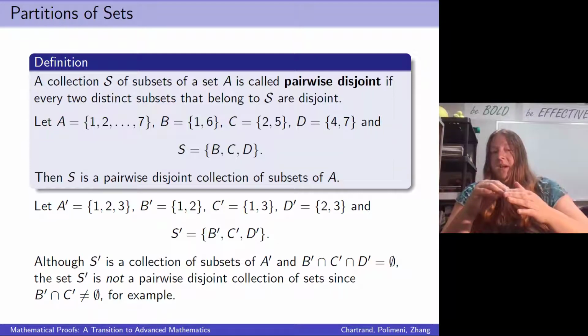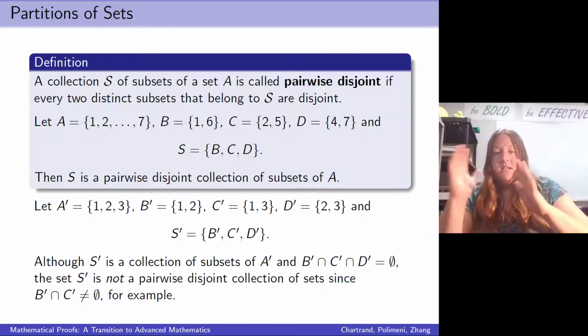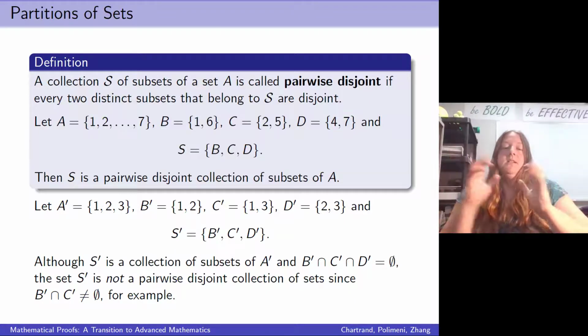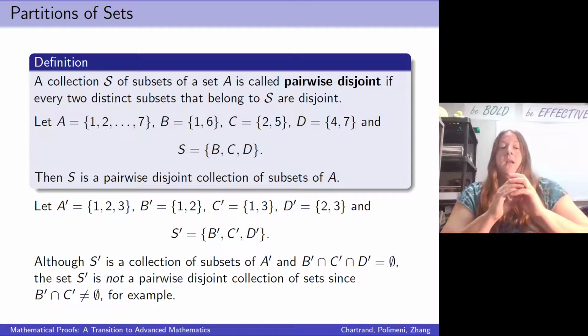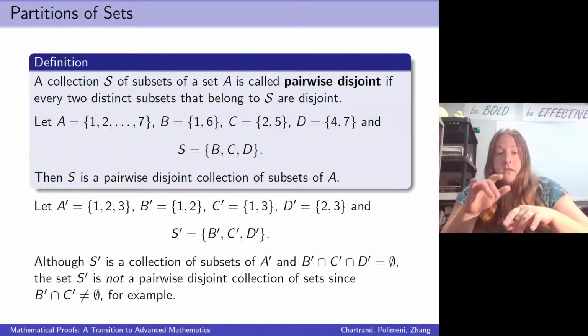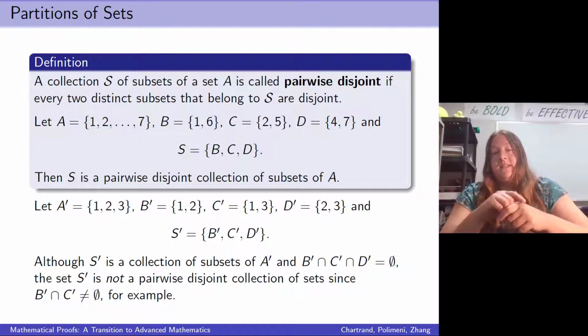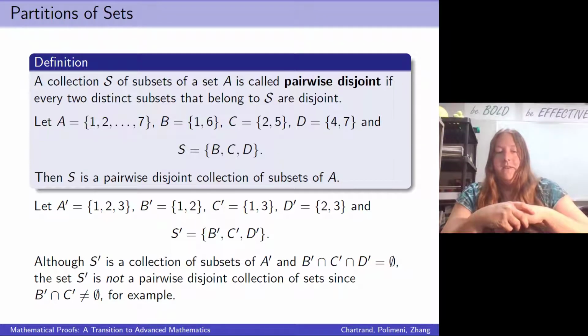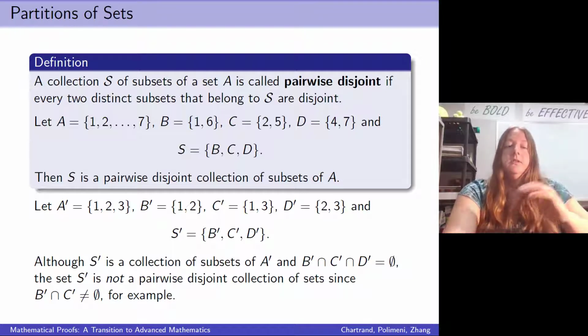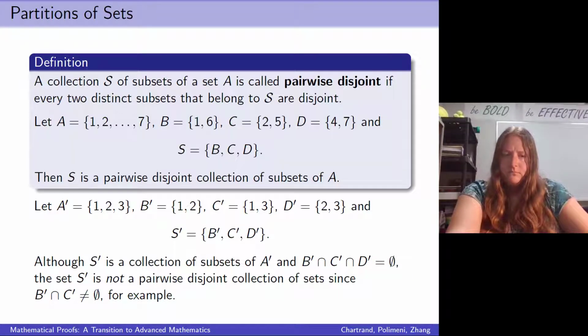So S is a pairwise disjoint collection of subsets of A, because B and C have nothing in common, C and D have nothing in common, and B and D have nothing in common. The thing is, though, if I look at those three sets, the number 3 is missing, right? It didn't get any love there, yeah? So it's out of it all.